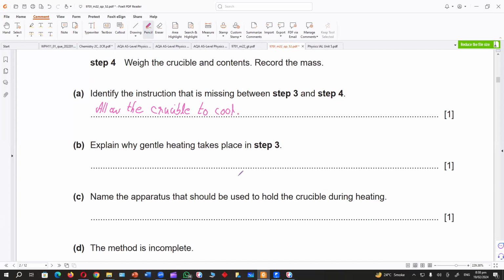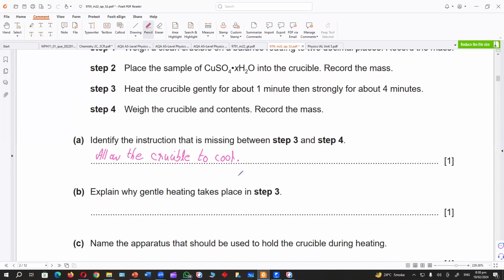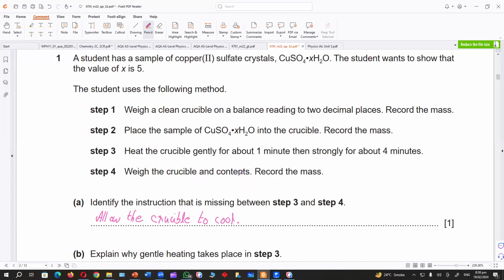Explain why gentle heating takes place in step 3. When you're heating gently, is it a precaution against possible decomposition? Like when you're heating for cooking, you do not go for very quick heating because it can denature the food. So can we say that it's to prevent any decomposition of the copper sulfate?